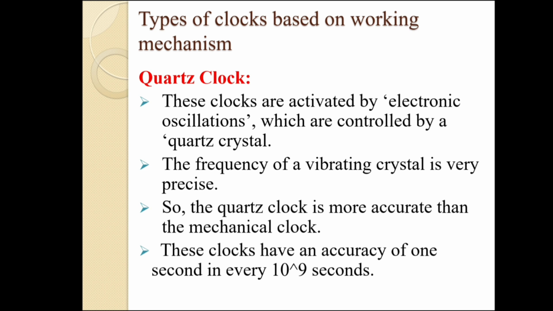These quartz clocks have an accuracy of 1 second in every 10 to the power 9 seconds. What is 10 to the power 9? It is the prefix of giga.